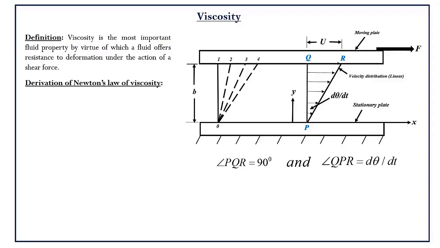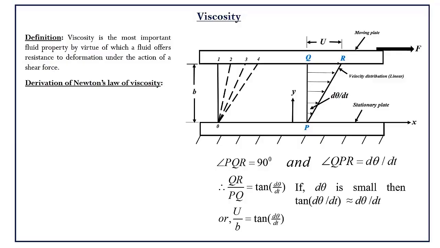Now, from the right angle triangle, we can write QR by PQ is equal to tan d theta by dt, or U by B is equal to tan d theta by dt. If d theta is small, then tan d theta by dt is almost equal to d theta by dt.